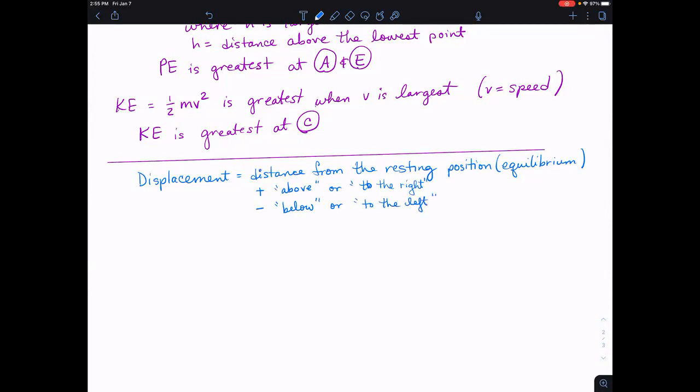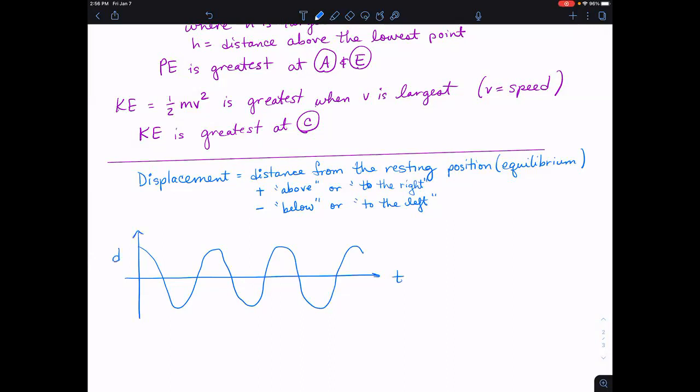Okay, so it's the distance plus the sign. Okay, so when we have this displacement versus time graph, displacement versus time, pretend it's a sine wave. Okay, everything positive would correspond with a compressed spring, and everything negative would correspond to an extended spring.